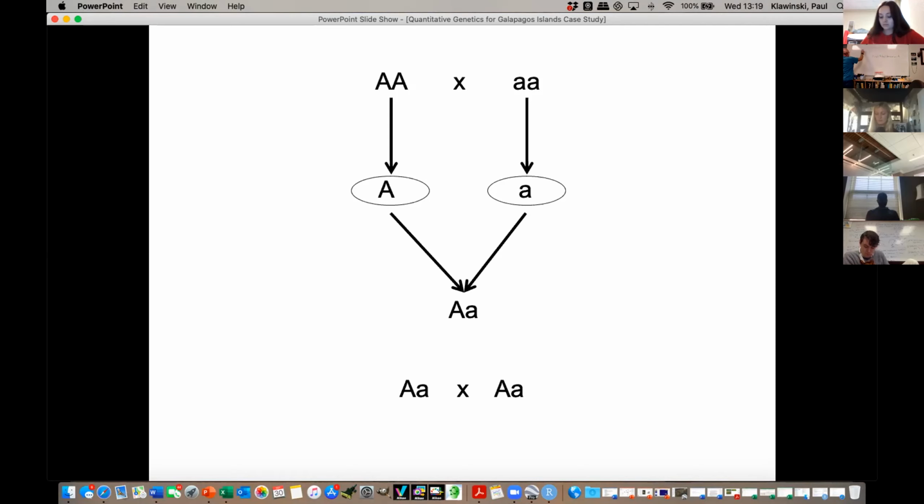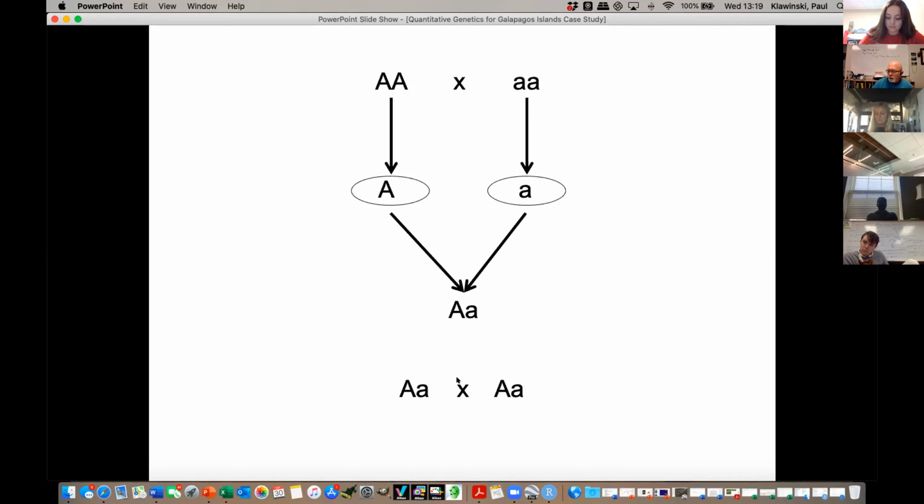So the frequency of the dominant allele in this case, we will generally refer to as p, and the frequency of the recessive allele, we will generally refer to as q. And in this case, the frequency of p is 0.5 and the frequency of q is 0.5 because half of the alleles in the population are the dominant allele and half of the alleles in the population are the recessive allele.